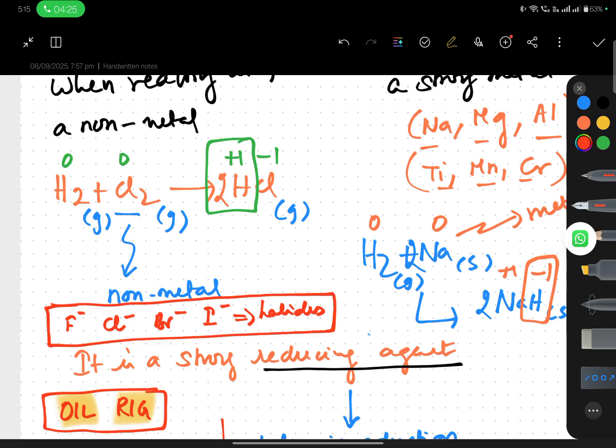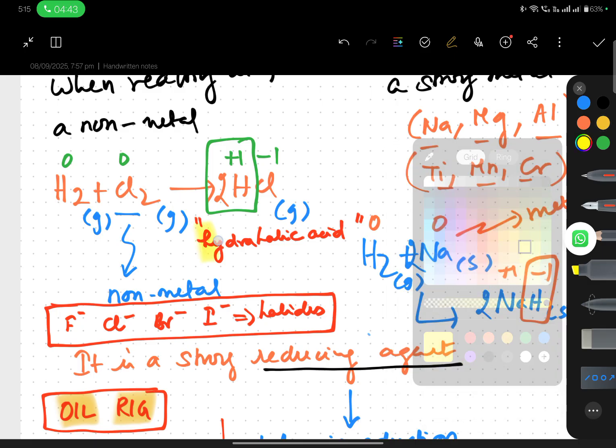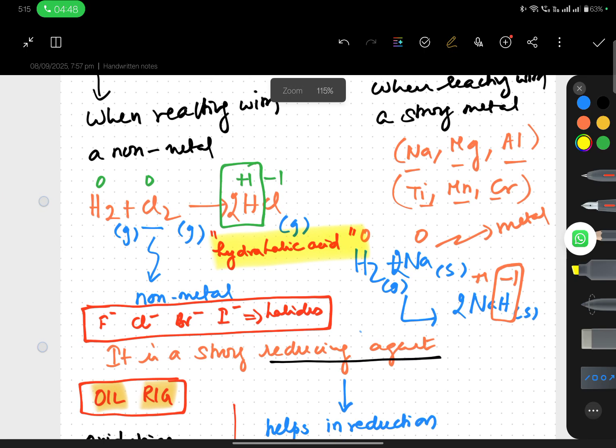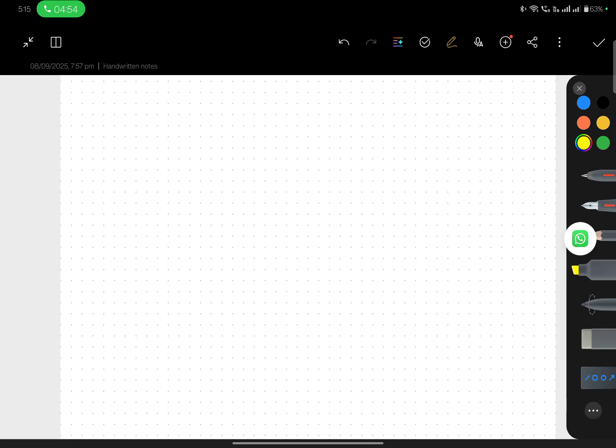So hydrogen reacts with halogens to form hydrohalic acid. Copied? Yes, sir. Perfect. So the ionization energy of hydrogen is very high, even when compared to the alkali metals. Now let's go to the next property.